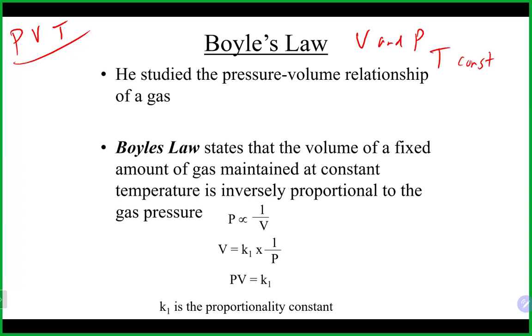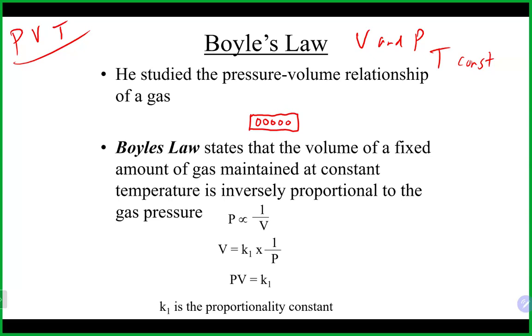And what he found was that the relationship between volume and pressure is an opposite relationship. If you have a really small volume, your gas molecules are going to be in a very small place, which means you're going to have a lot more collisions, because they just don't have a lot of place to fly around in.